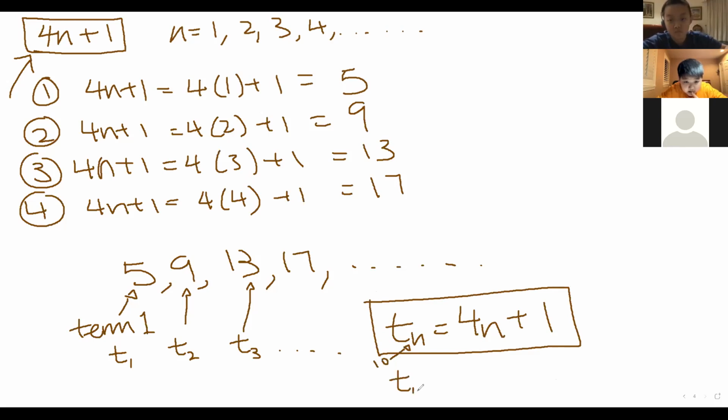So t10 is equal to 4 times 10 plus 1, which is 41. So if I know the expression, I can find out any number in that sequence. If I wanted to find the 541st number, I can do that by plugging 541 in for n inside this expression. And this is very, very helpful for us.